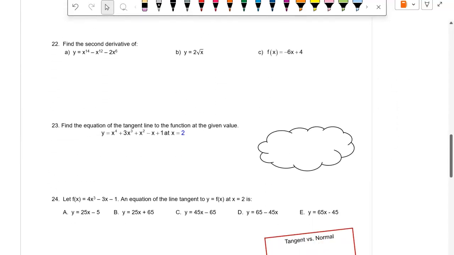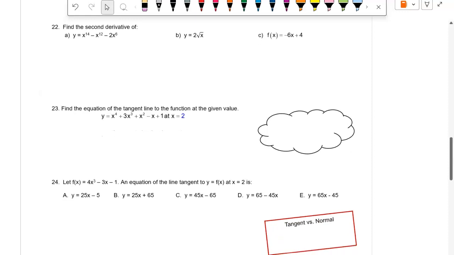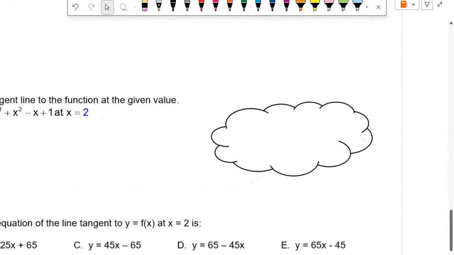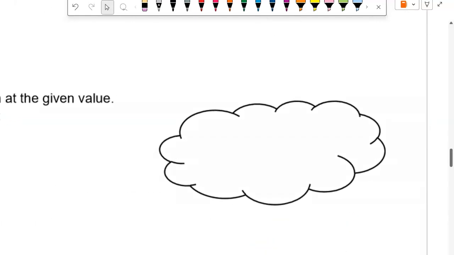So first of all, these next two questions ask us to find an equation of the line tangent to the function at a given value. Whenever we're talking about an equation of a line, we're going to use y minus y1 equals m times x minus x sub 1, where you use the x that they give you.